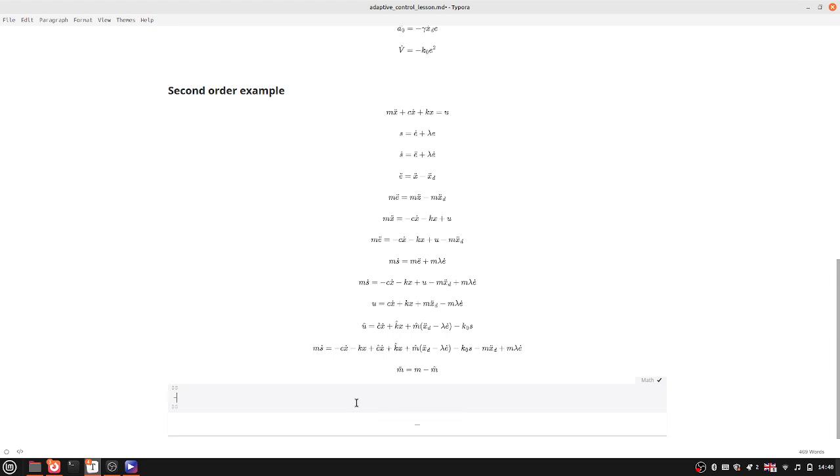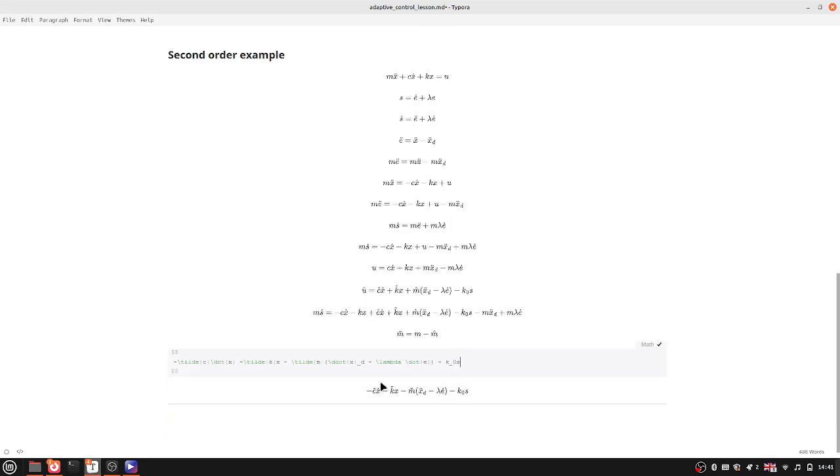I'm going to start with C. We're going to get minus C tilde X dot, there's nothing crazy going on there, minus K tilde X, and then minus M tilde XD double dot minus lambda E dot, like so, and then we have to keep our minus K0 S in there, that's unchanged, and this is the simplified dynamics for M S dot. Cool.